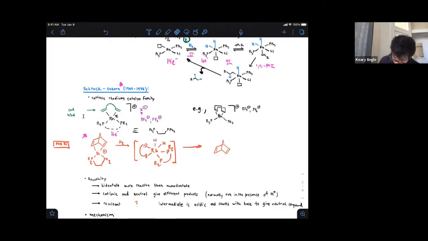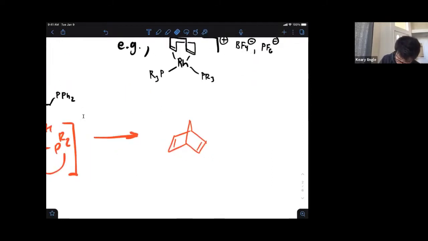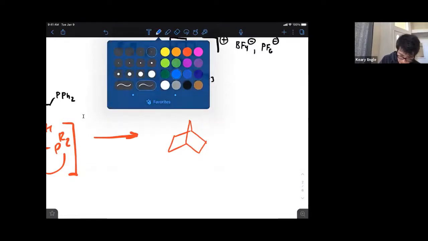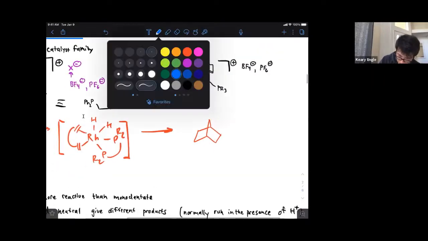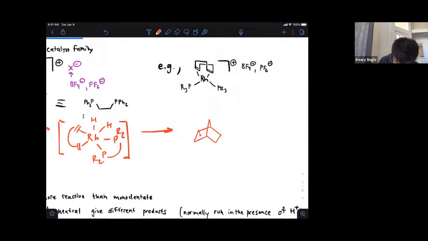I guess you only need to do this once to get it off, but because it's a strained alkene and reactive, it would probably happen a second time.